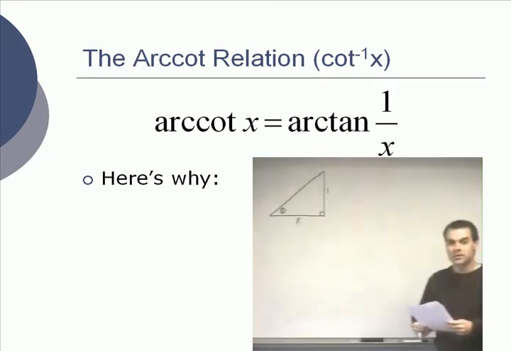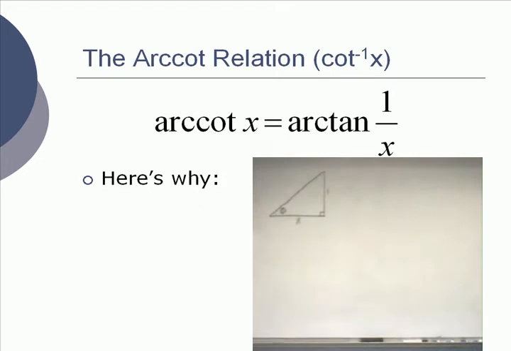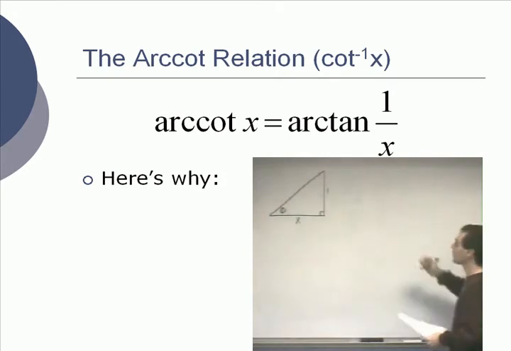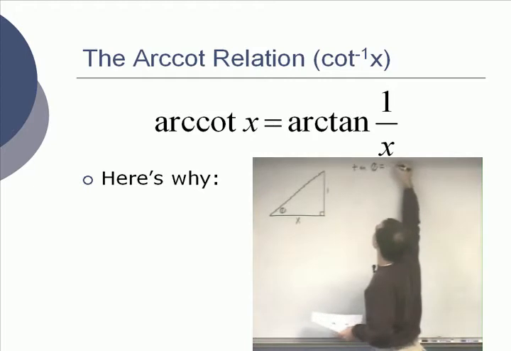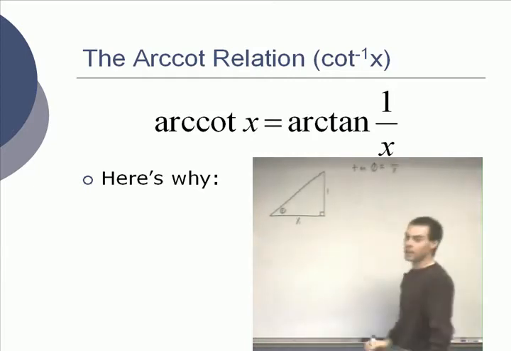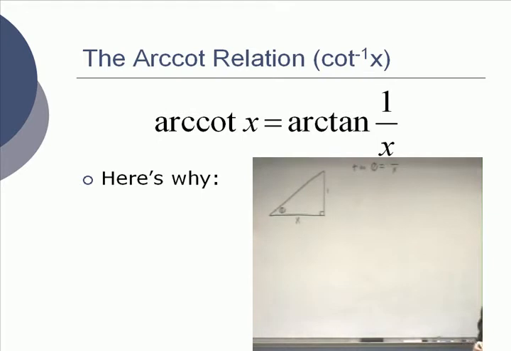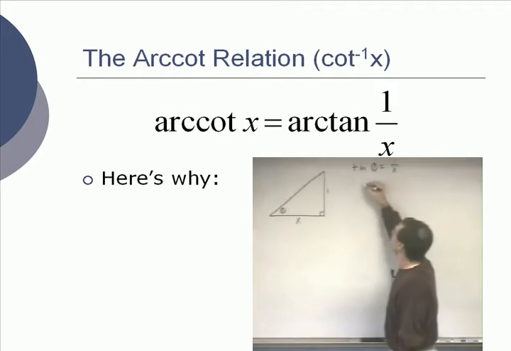Now tell me, what is the tangent of theta in this triangle? That's right. In this triangle, it is definitely true that the tangent of theta is equal to 1 over x. Everybody agree with that? Okay. Well then, what is the inverse tangent of 1 over x? Or in other words, what is theta?